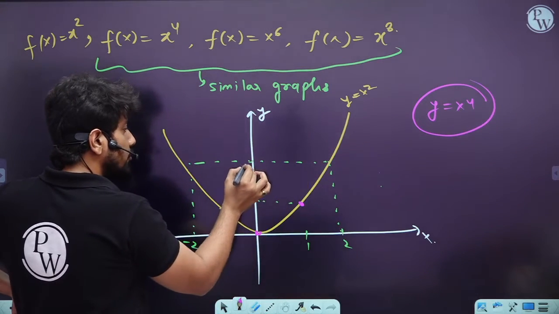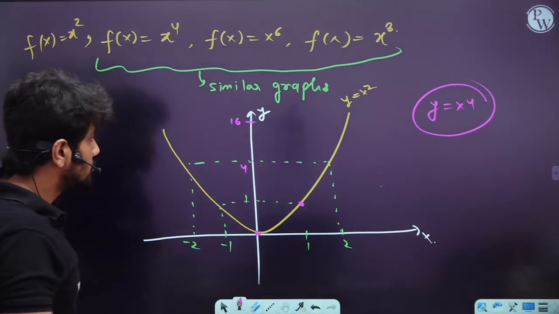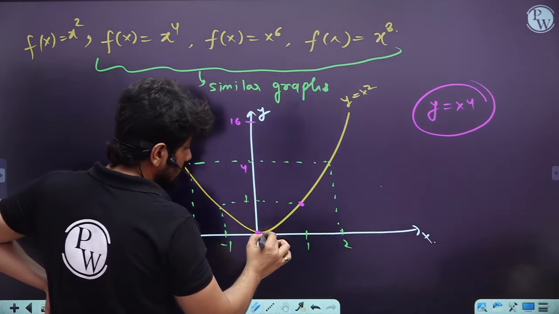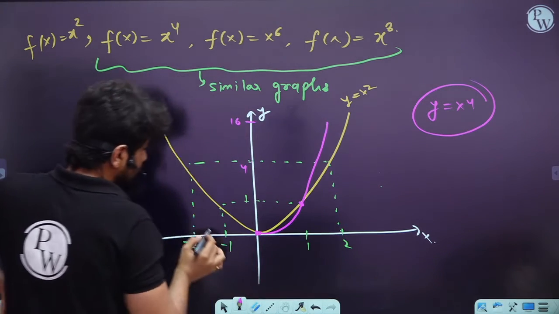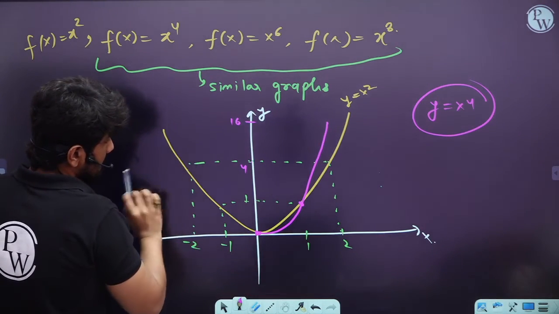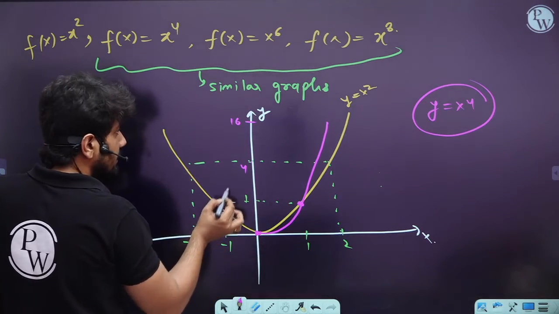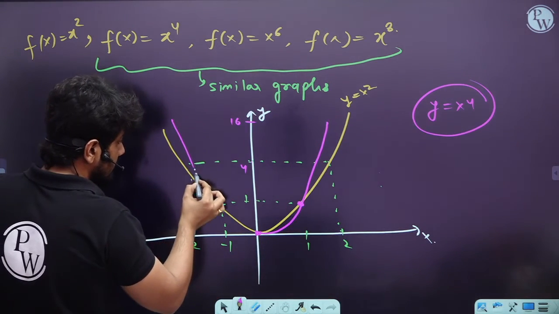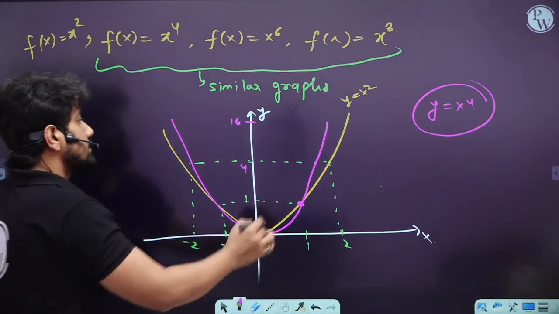This point is 4, 16 will be somewhere over here, let's say. So at x is equal to 2, this is how the graph looks. See, at 1, 1 they are intersecting, and then this is the graph of y is equal to x raised to the power 4.